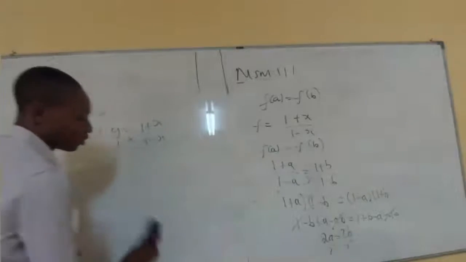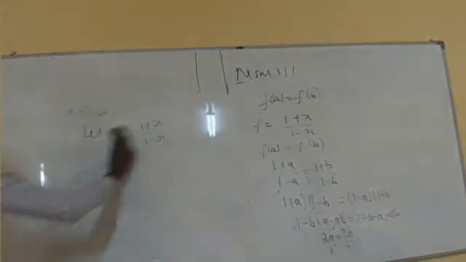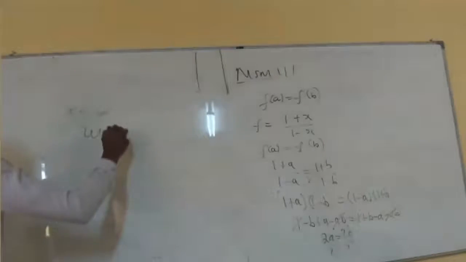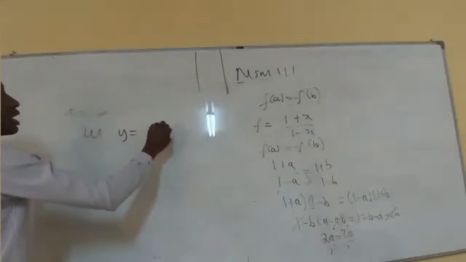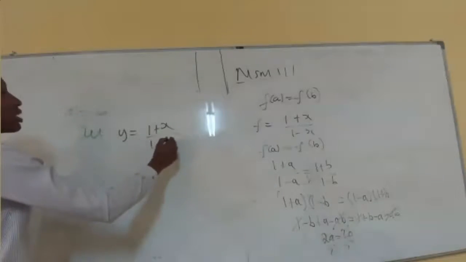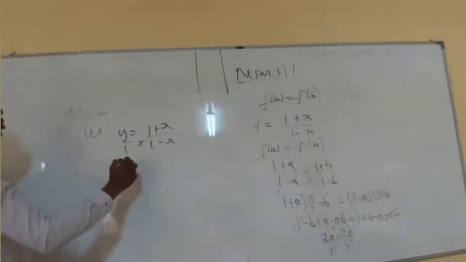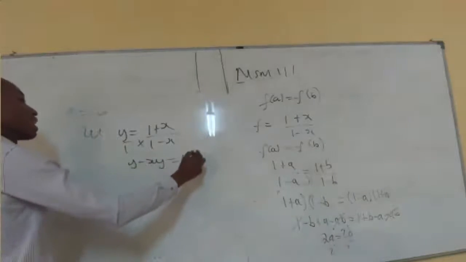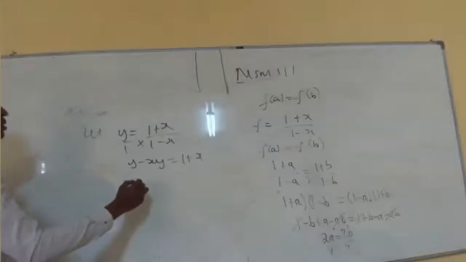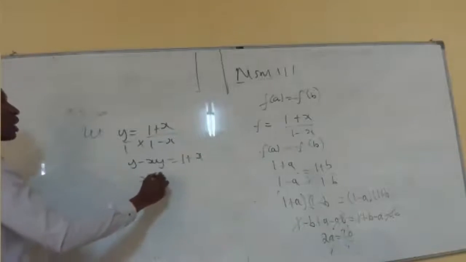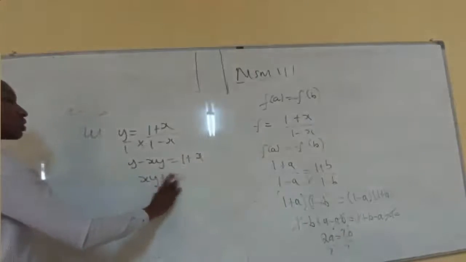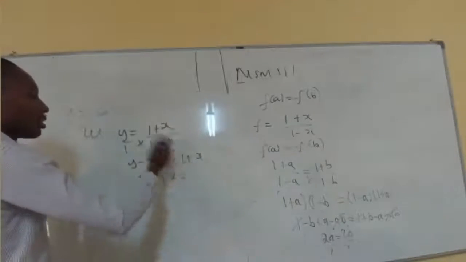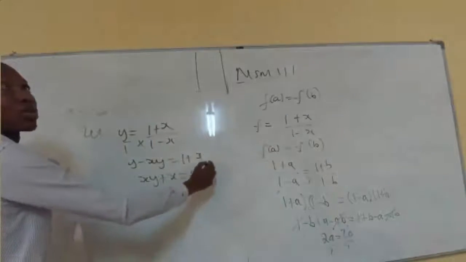Let's make it more bold. So I'm saying let y be equal to (1 plus x) over (1 minus x). Cross multiply, we have y minus xy is equal to 1 plus x. Then making x the subject of the formula, we have xy plus x equal to y minus 1.